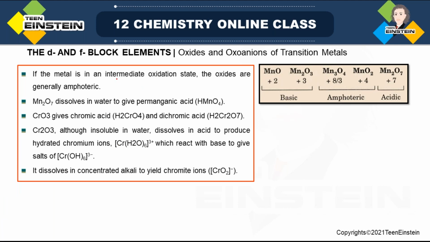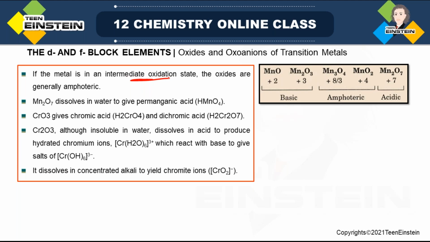Now, when the metal is in an intermediate oxidation state, that means suppose a particular metal can have oxidation states +2, +3, +4, +5, then +3 and +4 are intermediate oxidation states. That is, it is not very high, it is not very low.